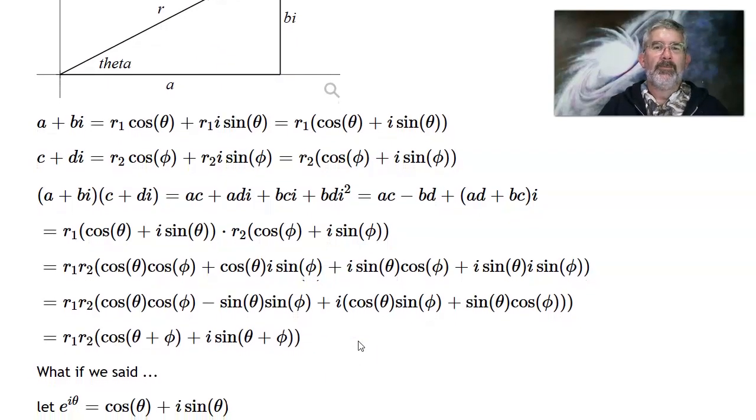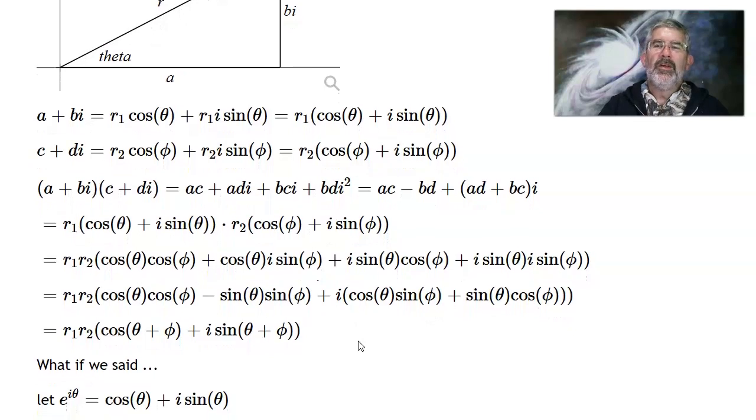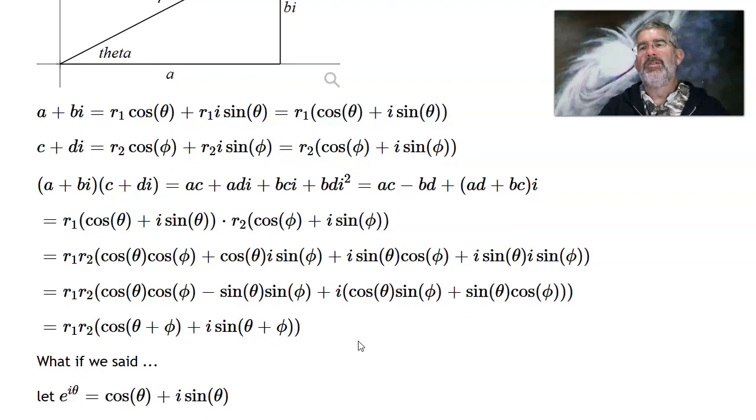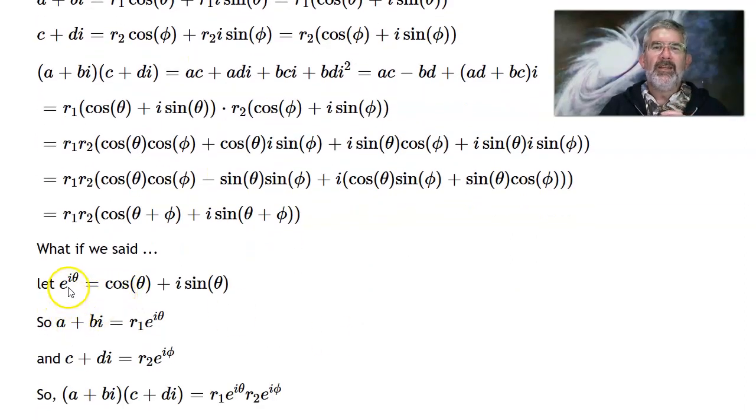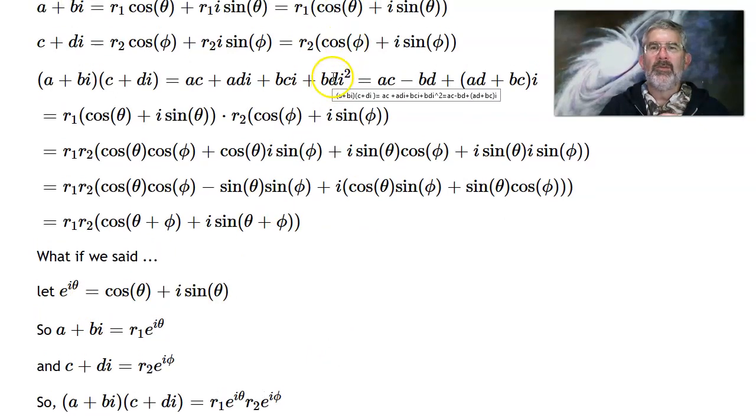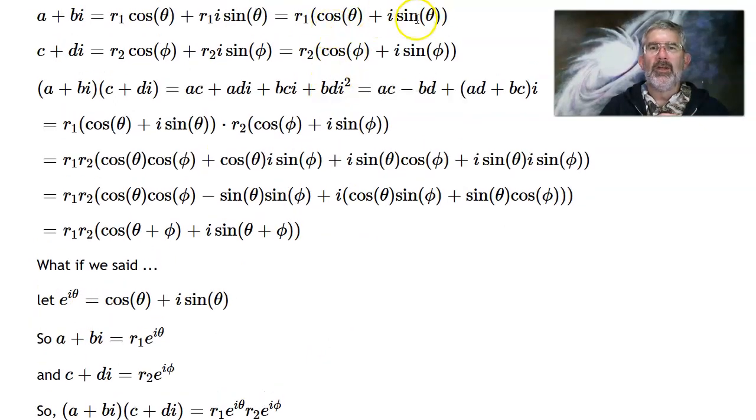Anyway, there's another way, it turns out, that I can do this multiplication where part of it multiplies and part of it adds. So just for sort of like a thought experiment, what if I were to say, let's let e to the I theta equal, essentially, that stuff that was in parentheses here, cos theta plus I sine theta.